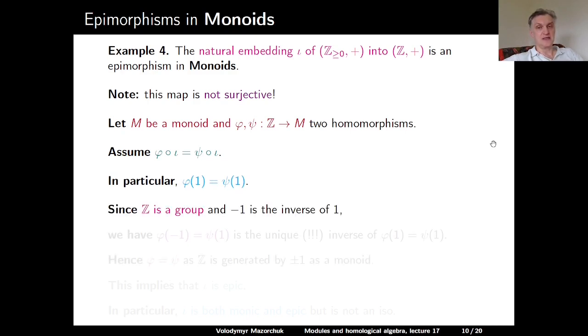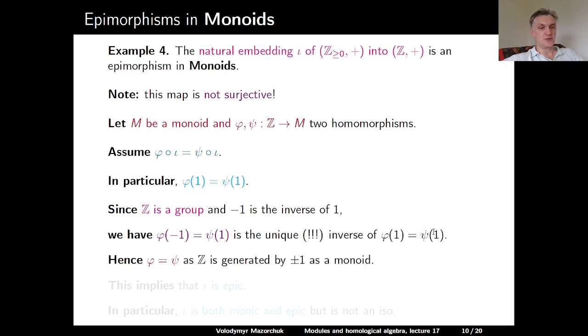Since our monoid of all integers is in fact a group, and -1 is the inverse of 1 in that group, we have that phi of -1 should be equal to psi of -1, and this is the unique inverse of the common value of phi of 1, which is equal to psi of 1.